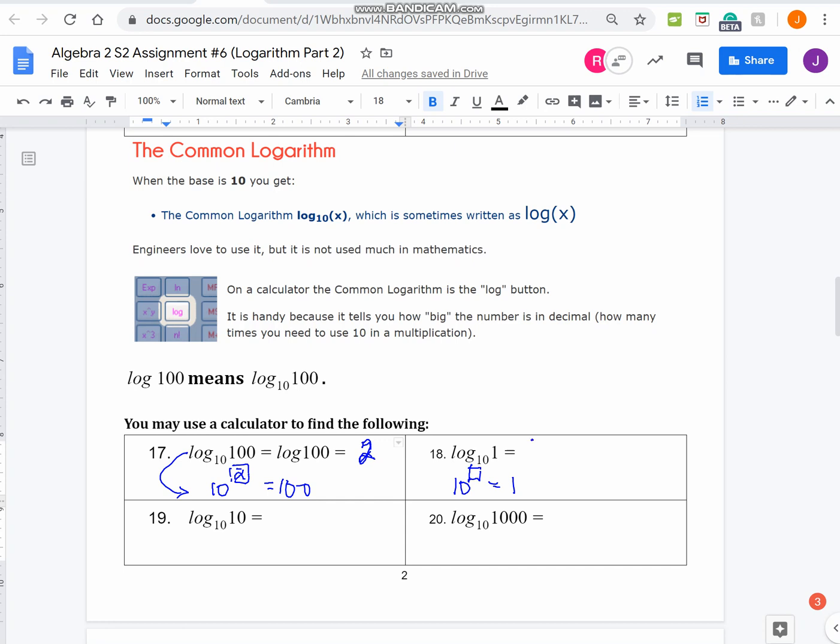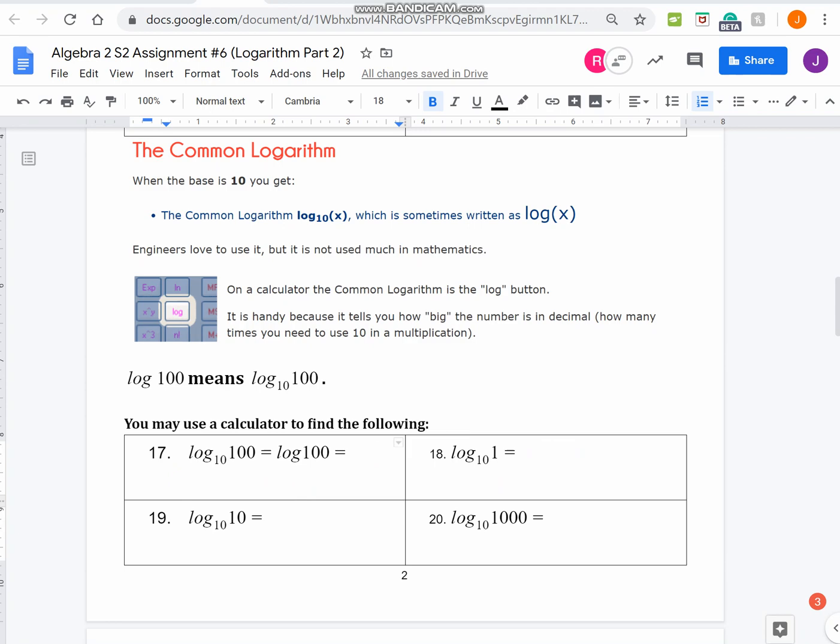Again, with the calculator, you would just hit log and then 1, which will give you the answer. So I need you to try with a calculator and without a calculator as well, and see if you get the same answer for both methods.